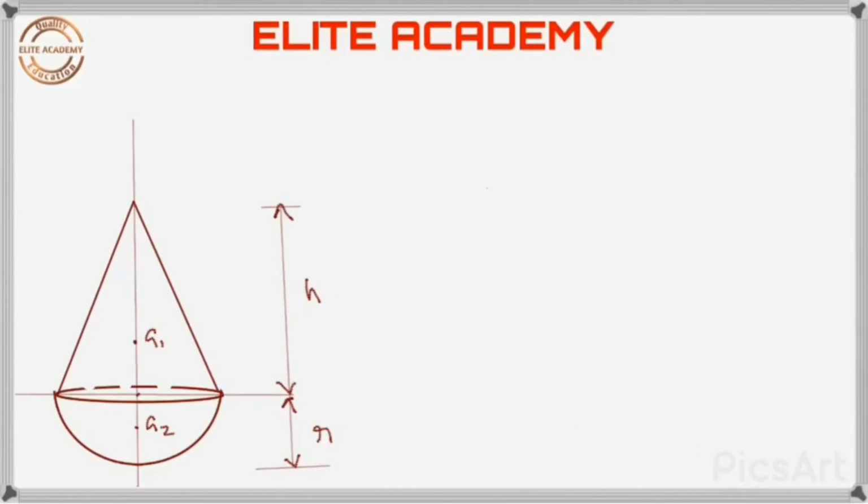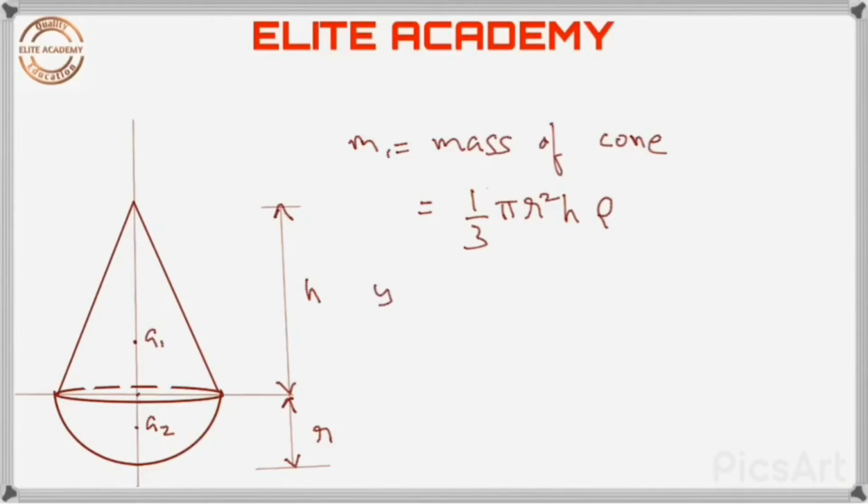G1 is center of gravity of conical part and G2 is center of gravity of hemispherical part. Let m1 is equal to mass of cone, which is equal to volume into density. Here volume is 1/3 pi r square h and density is rho. Therefore m1 is equal to 1/3 pi r square h into rho. y1 bar, height of center of gravity, is equal to h/4.